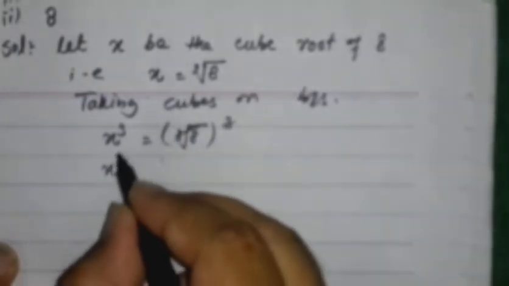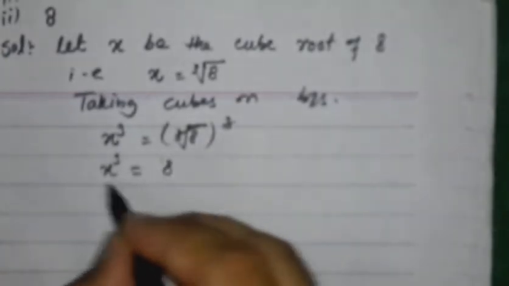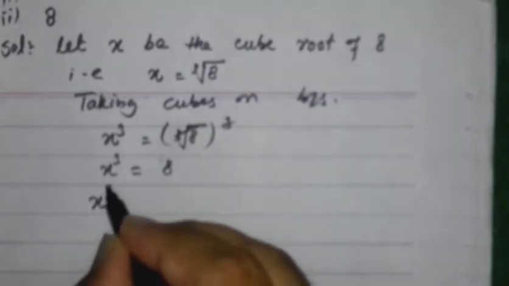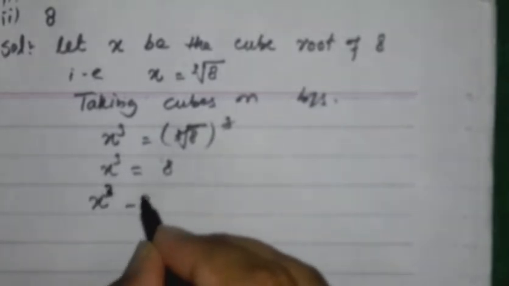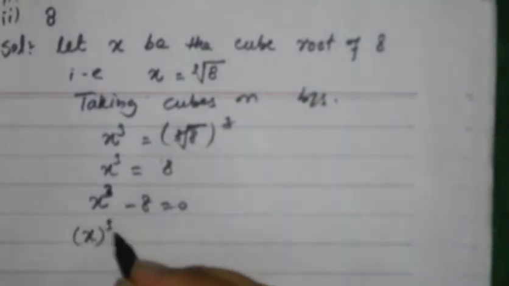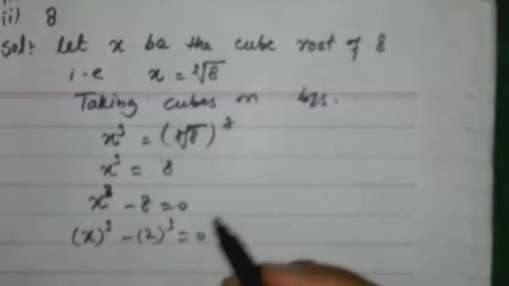This cube root cancels with this, we get x cube equals 8. Shift 8 to the left side, it will become x cube minus 8 equals 0. We can write it as x whole cube minus 2 whole cube equals 0.